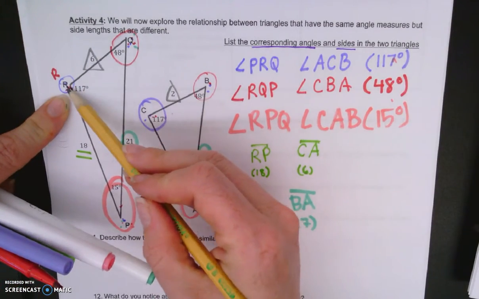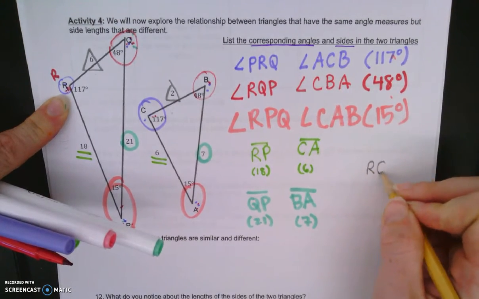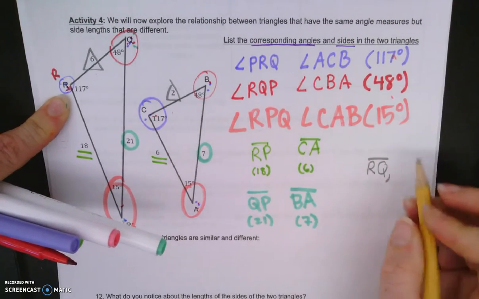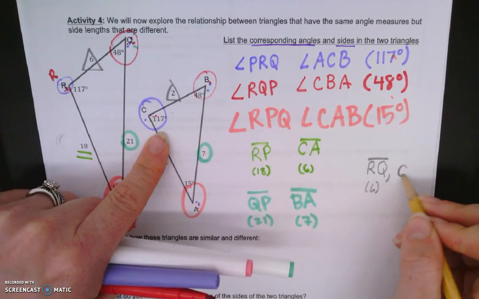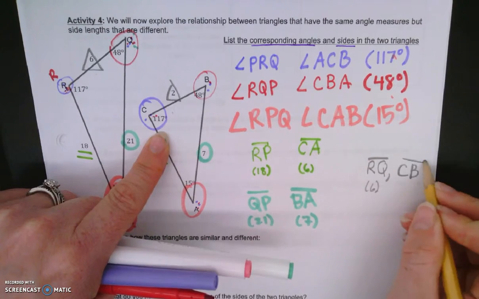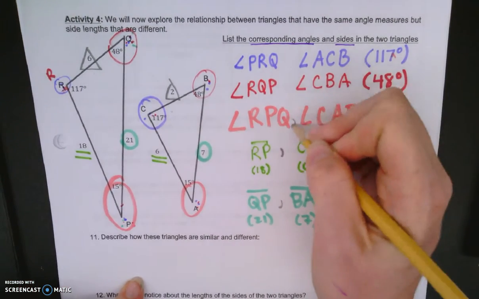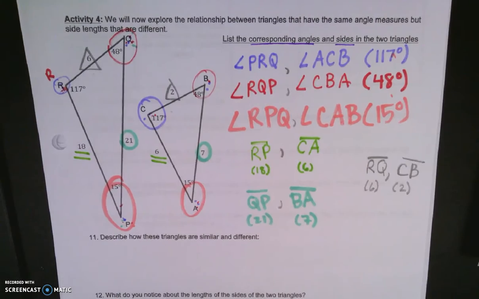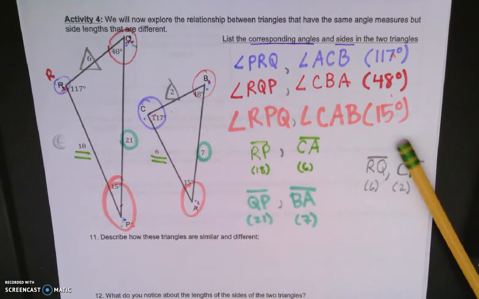So this is RQ, place it over here, RQ corresponds, that one's 6, corresponds with CB, which is 2. And you can put a comma in between these if you want to. Awesome. So those are all of our corresponding angles and corresponding sides in these two triangles.